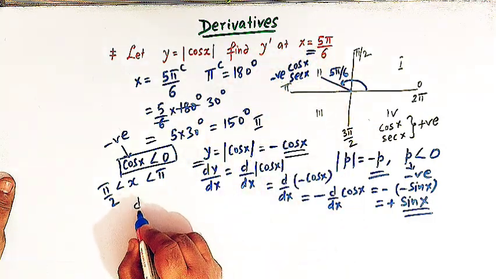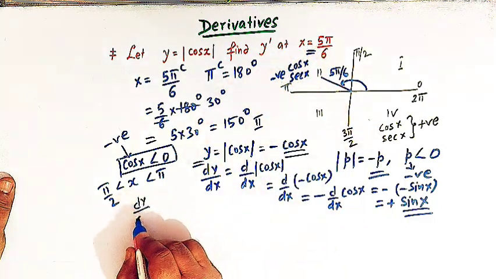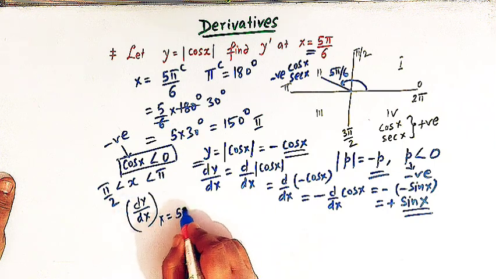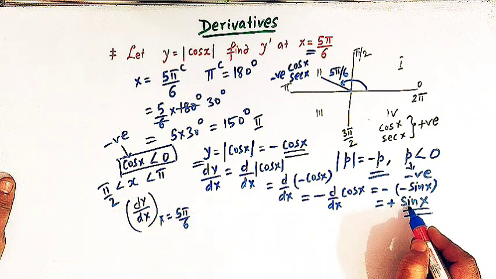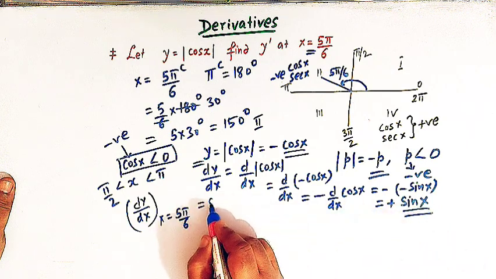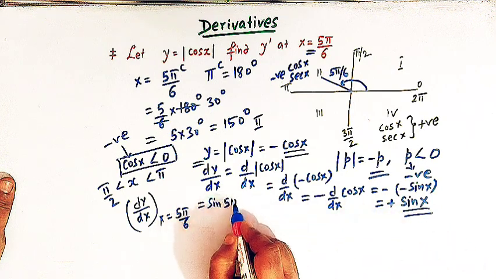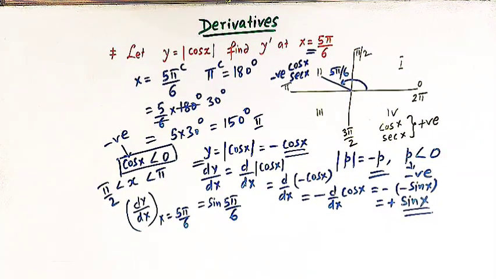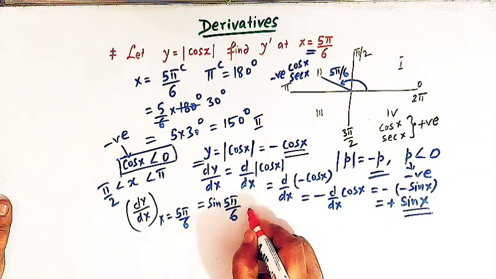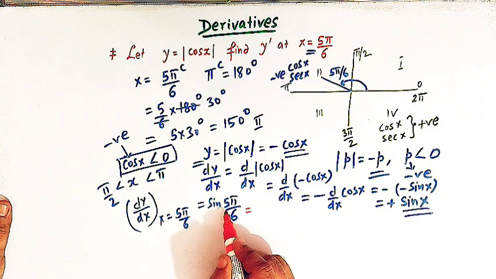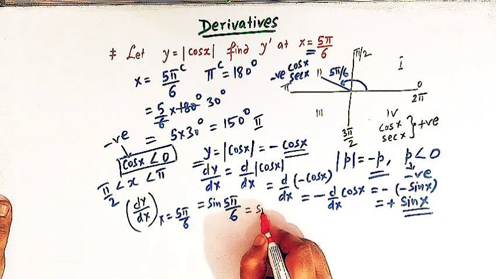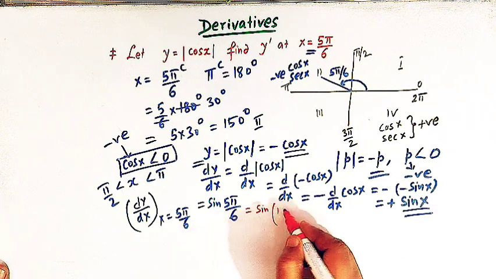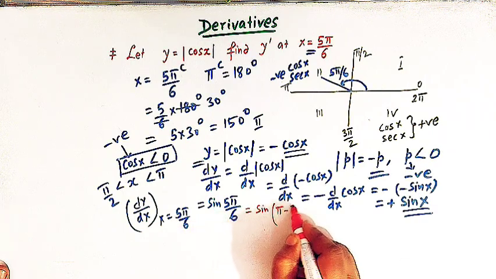Now we can substitute x is equal to 5 pi by 6 in sine x, so we have sine of 5 pi by 6. To get its value, we can split 5 pi by 6 as pi minus pi by 6.